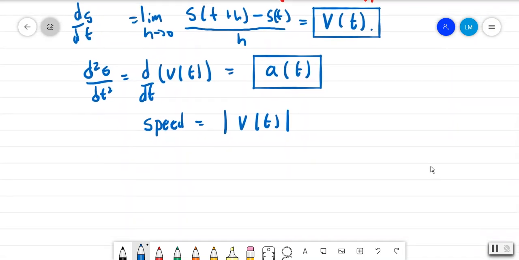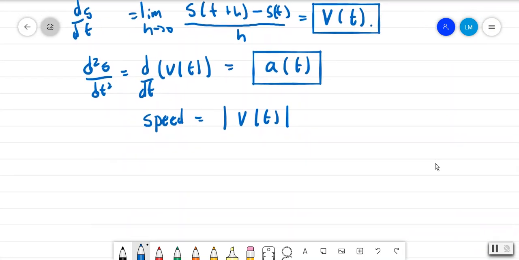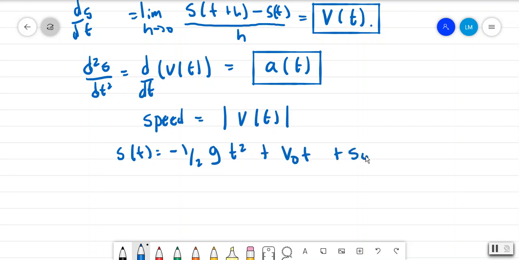One use of these derivatives is, for example, Galileo's formula, where you have s of t equal to negative 1/2 g t squared plus v naught t plus s naught.